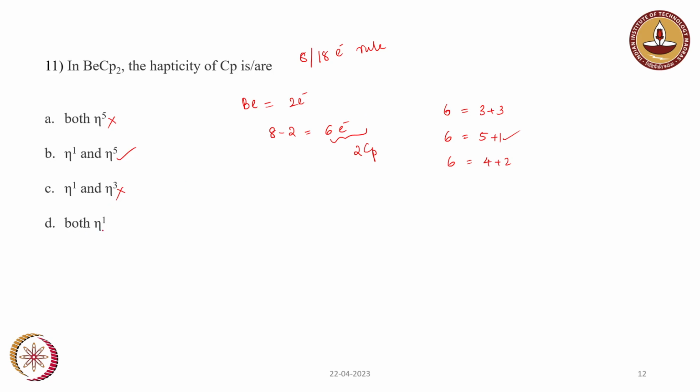And both eta 1: in eta 1 only 1 electron is present, and 2 eta 1 means only 2 electrons, so this again is not the answer. So eta 1 and eta 5 configuration is possible. Coordinating to this carbon will be eta 1, and eta 5 is coordinating to all 5.